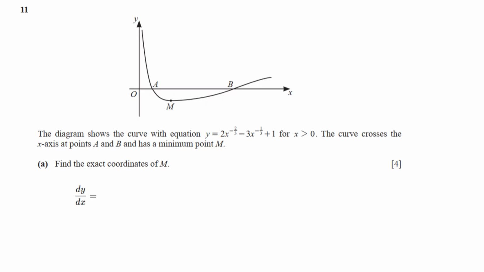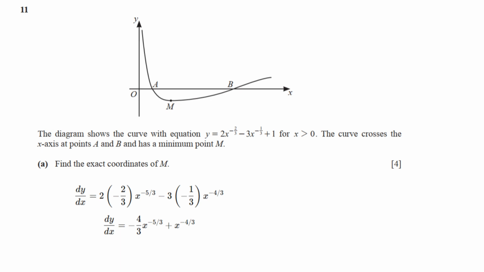Here dy by dx equal to 2 times negative 2 over 3 times x power minus 5 over 3, minus 3 times negative 1 over 3 times x raised to the power negative 4 over 3, which is equal to negative 4 over 3 times x raised to the power minus 5 over 3 plus x raised to the power minus 4 over 3. Minimum point occurs when the curve turns, that is dy by dx equal to 0.